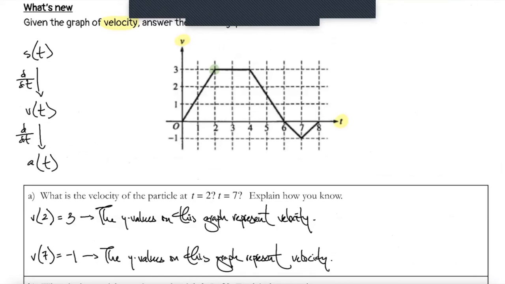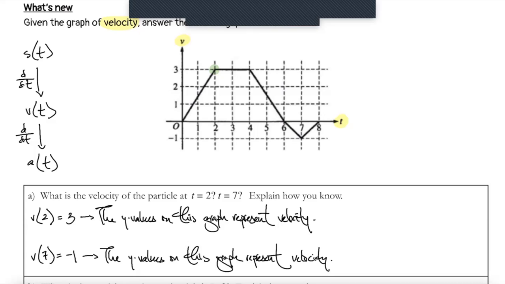What could we say here in terms of describing when the slope is negative? Yeah, we could say 4 to 7.